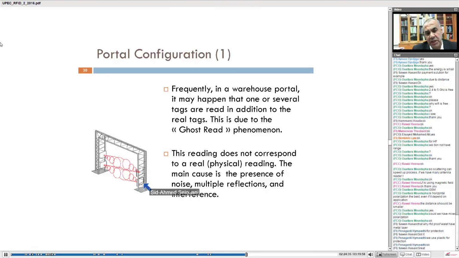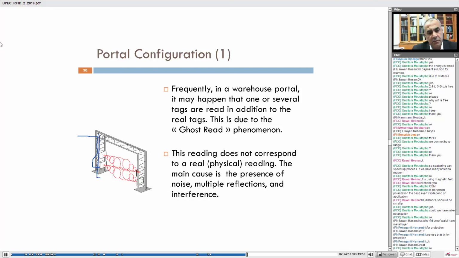So we are sure to cover all the space here. Generally speaking, we can use a mix of types of polarization to do that. Especially because in this configuration, called portal configuration, and frequently when you are using a multiple number of antennas, it may happen that one or several tags are read in addition to the real tags.